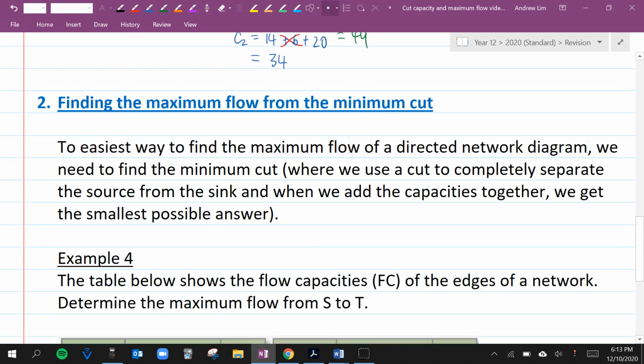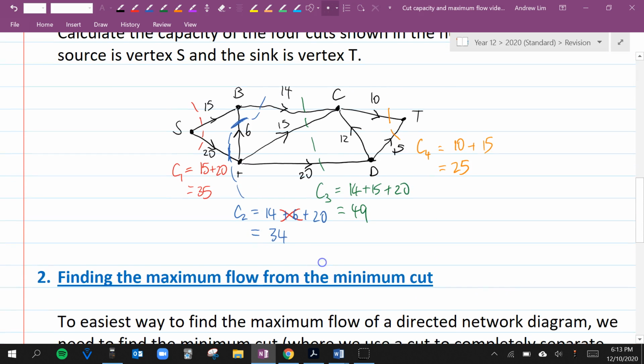Okay, so we go back to this directed network here. The minimum cut is the last one that we did, 25. Because 25 is the smallest answer we get when we add the weights of the edges of a legitimate cut that completely separates the source from the sink.